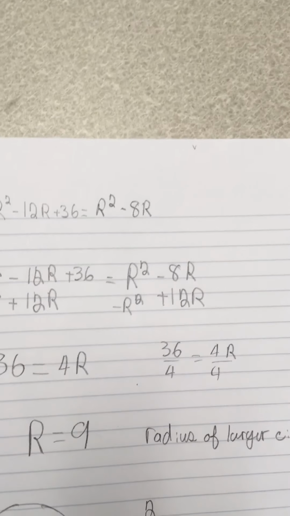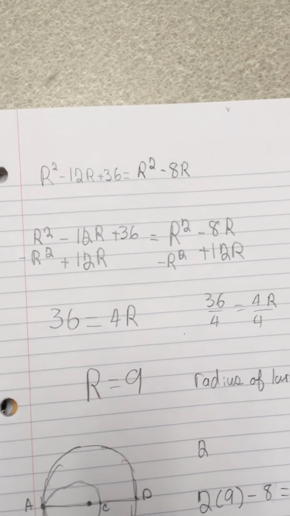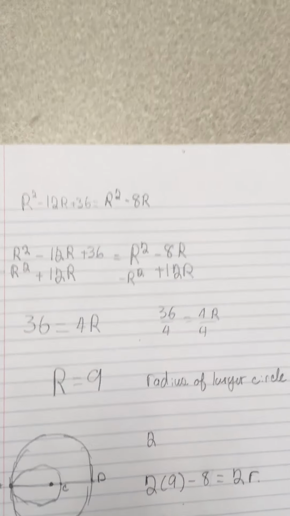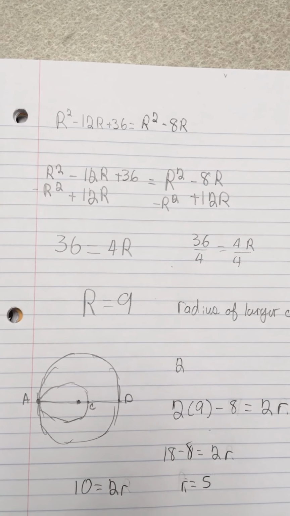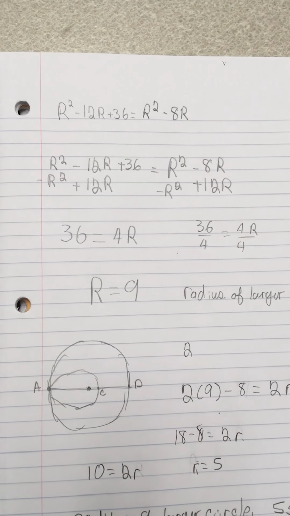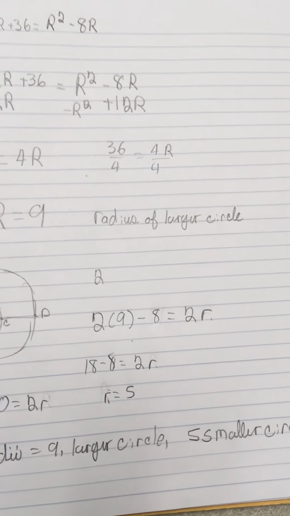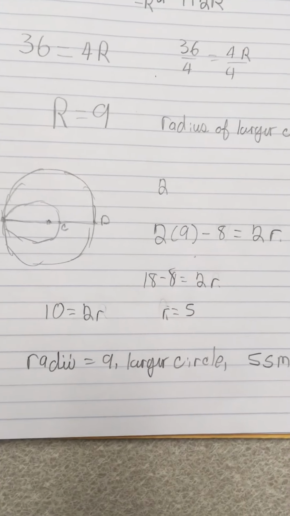Then from this you just plug the r back in, AD is equal to 2r, and remember from the beginning that the diameter of the smaller circle is just 8 less than the larger circle. So you can just plug that back in right there, and it leaves us with the radius of the smaller circle is 5.